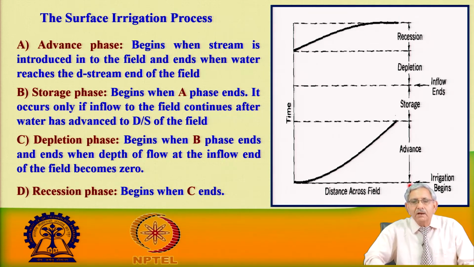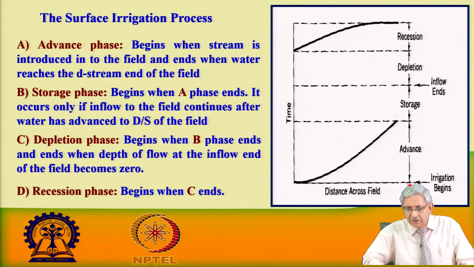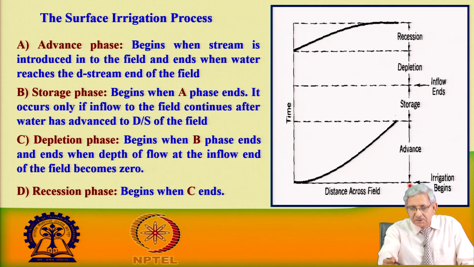Any surface irrigation system, whether it is furrow irrigation, border irrigation, or a basin irrigation system, passes through 4 basic phases. Phase 1 is the advance phase. If you see the diagram here, advance means the irrigation stream is introduced at one end of the border, basin, or furrow. So, water is introduced at this one end.